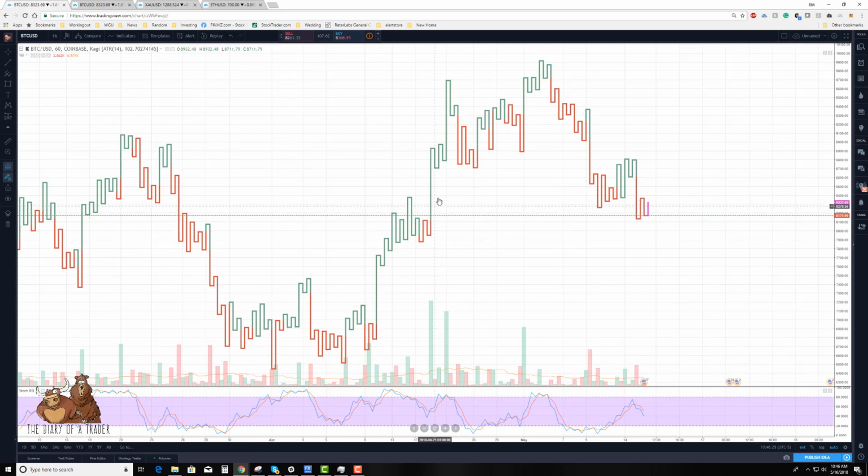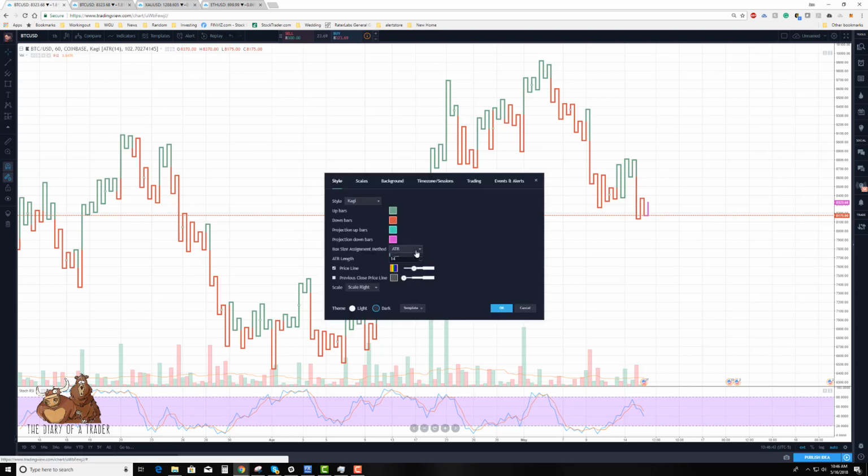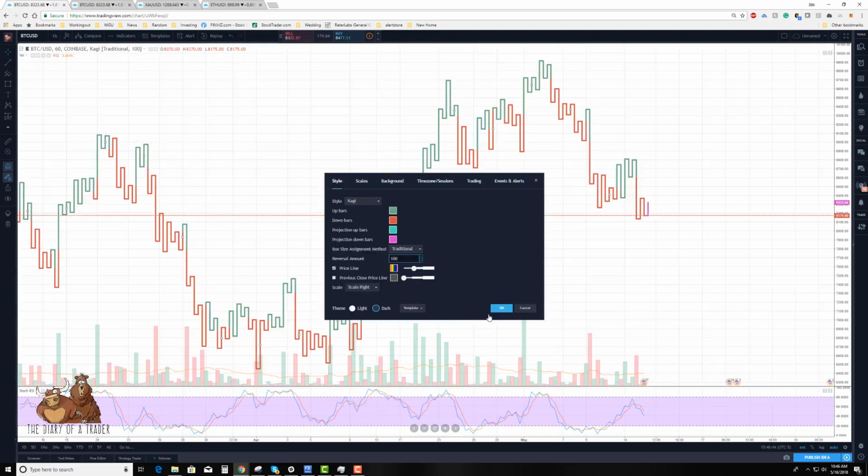We don't want to use the ATR because that will adjust the past price action that has happened in the Kagi chart. So we can use this value, though, to determine what we want our static number to be. And so 102, we'll just say it's 100, and we'll leave it at 100.